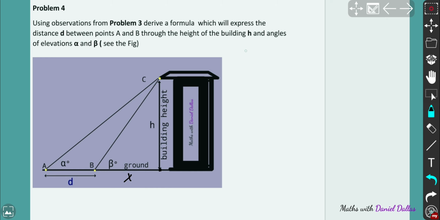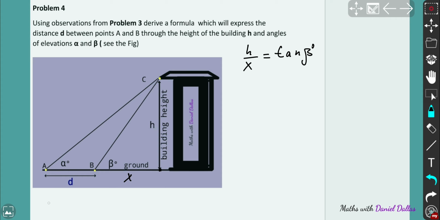Okay, so what we're going to do, H over x is going to be tangent of angle beta, right? Let's have a look. Opposite to adjacent in the small triangle.